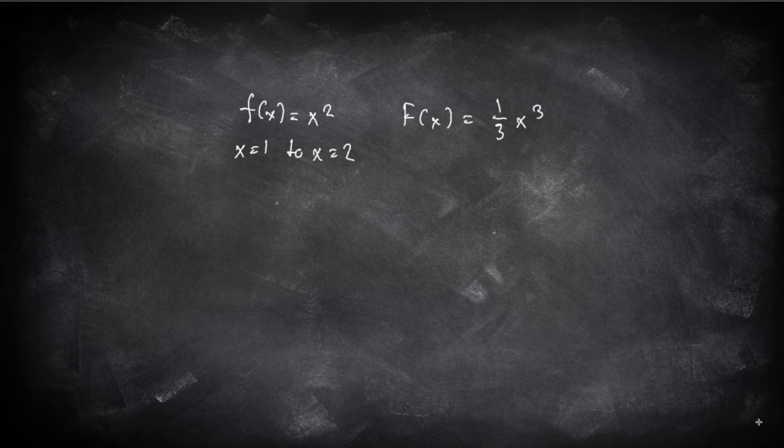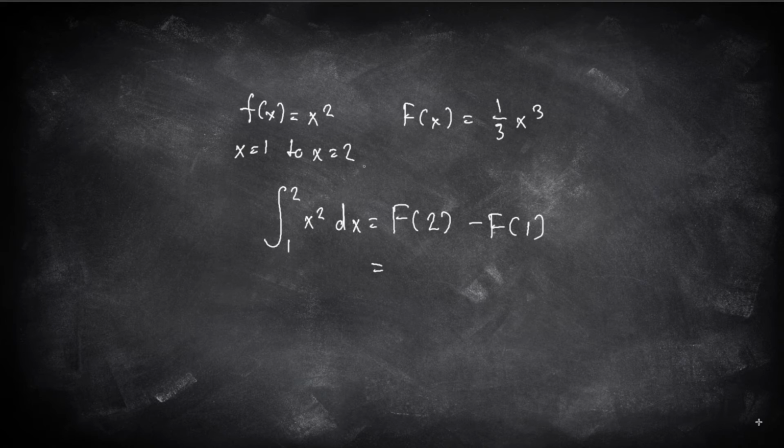Okay, so let's use that to find the area under a curve. Using our example again, f of x is equal to x squared, and we said our integral was equal to 1/3 x cubed. Now, if we want to find the area under x squared from x equals 1 to x equals 2, using the fundamental theorem of calculus, we have the integral from 1 to 2 of x squared dx is equal to F of 2 minus F of 1.